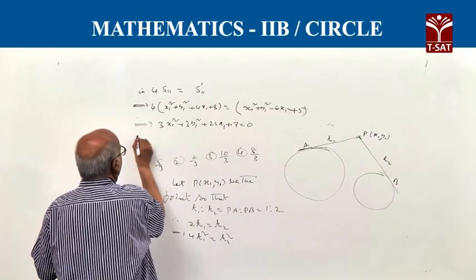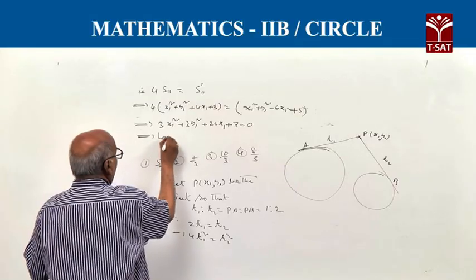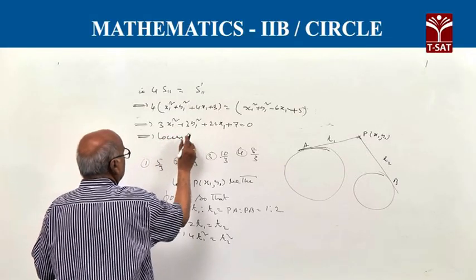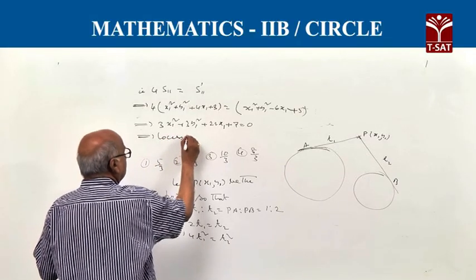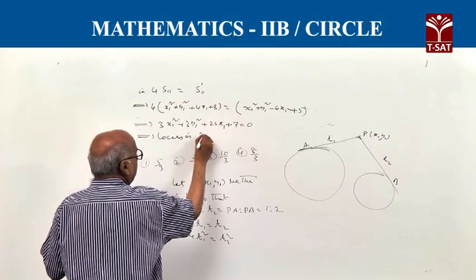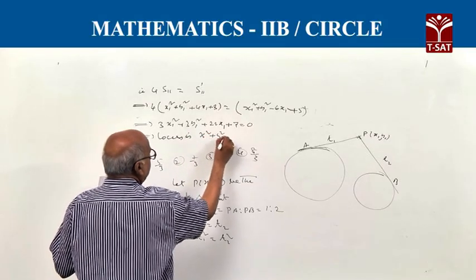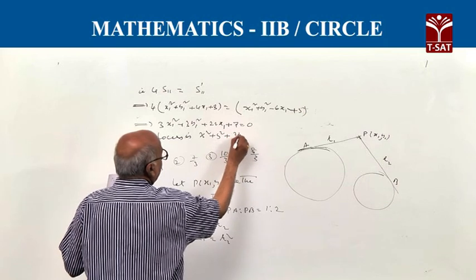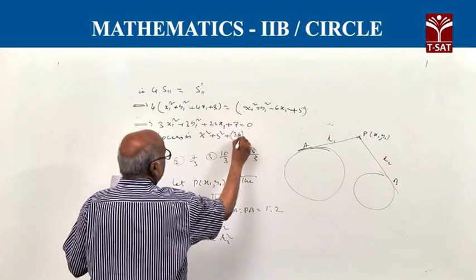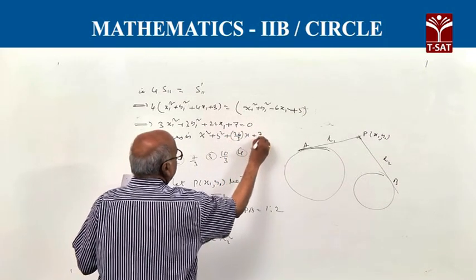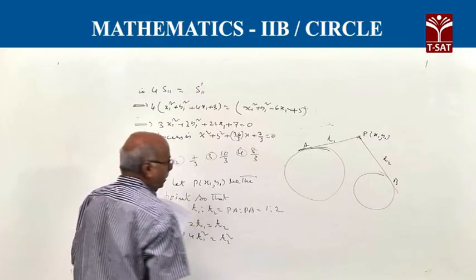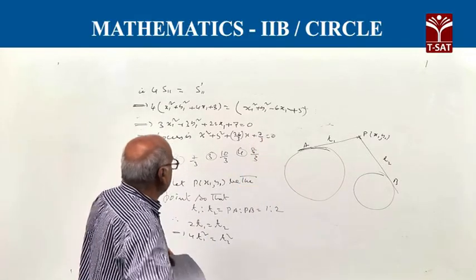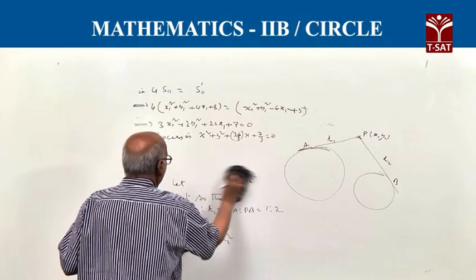So therefore the locus of (x1, y1) is x square plus y square plus 22 by 3 x plus 7 by 3 is equal to 0.